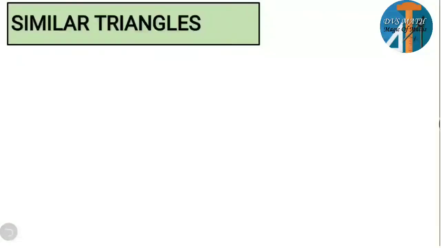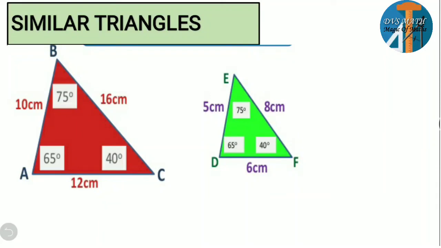Now let's come to one more example, so you can understand better. Here we consider two triangles, ABC and DEF. What is our first condition? Corresponding angles are equal.